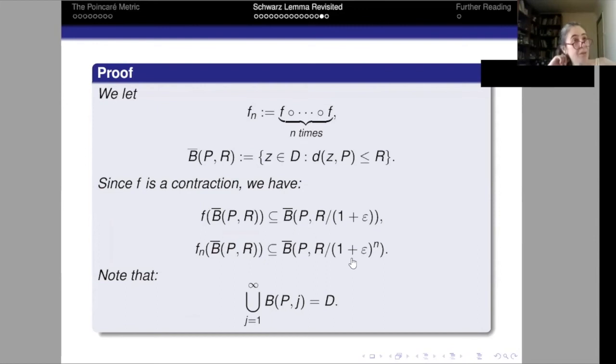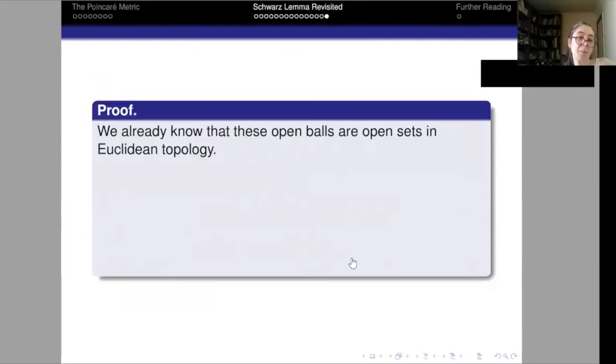We are talking in Poincare metric here, so the radius can go, and does go, to infinity. But we already showed that these open balls are open sets in the Euclidean topology, because the topologies were the same.